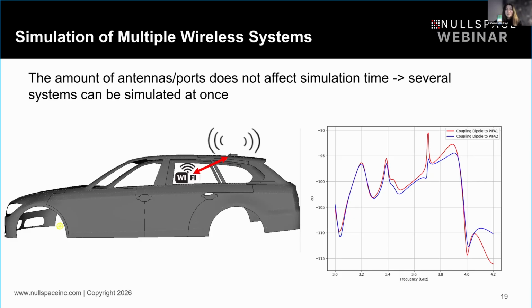For example, here we installed a 2.4 gigahertz Wi-Fi or Bluetooth antenna inside the car, and we checked if there is any coupling between that antenna and the antenna that we simulated before and showed you results for, because that is a very real case.